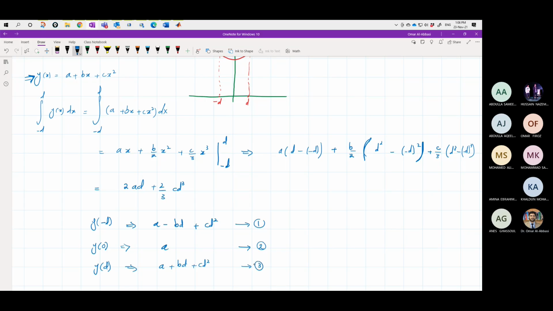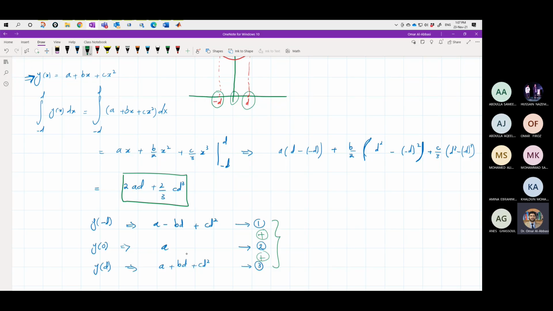Now, the question is, what can we do in order to add those equations in such a way that I evaluate the function at this location, at the 0 location, and at that location, such that at the end of the day, I will get that result? This is the result of the integration, correct?